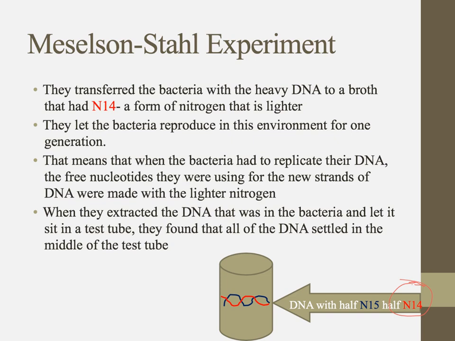Now, when they extracted the DNA from the bacteria that was allowed to replicate in the lighter nitrogen, it ended up not at the bottom, but right here in the middle of the test tube. So the blue strand here started out in the heavy nitrogen when it was allowed to reproduce. Then that DNA started to float here in the middle.